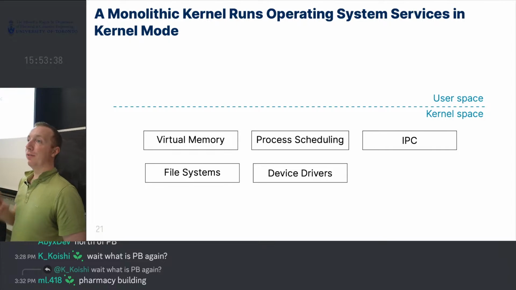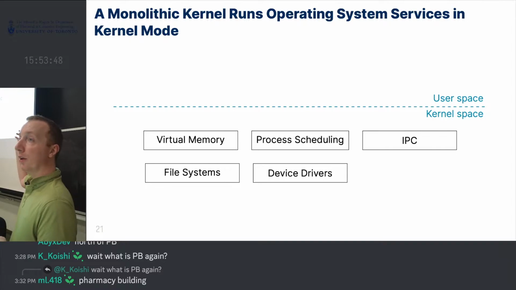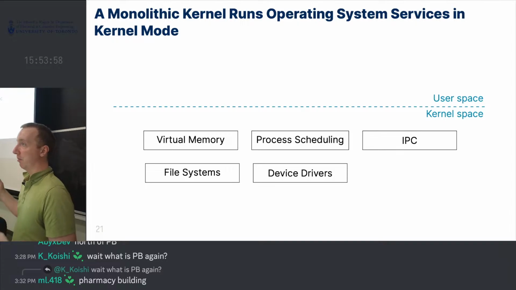So there's a bunch of different architectures for the kernel that separates out what the kernel is responsible for. So the Linux kernel is an example of a monolithic kernel. So these are just little terms you should actually know. So a monolithic kernel tries to run as much as it can in kernel mode to make things as simple as possible, but it makes the kernel really, really big. But Linux is an example of that.